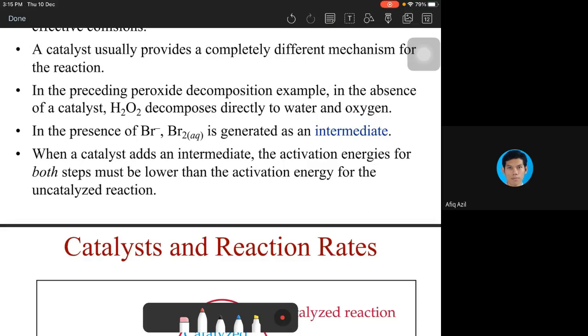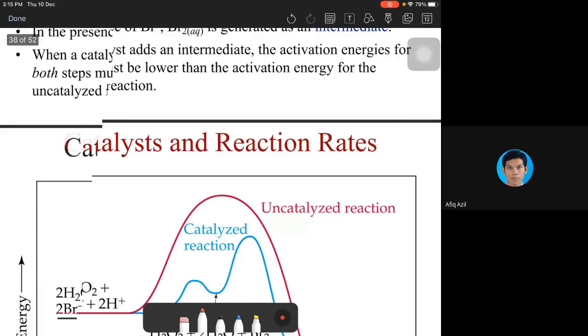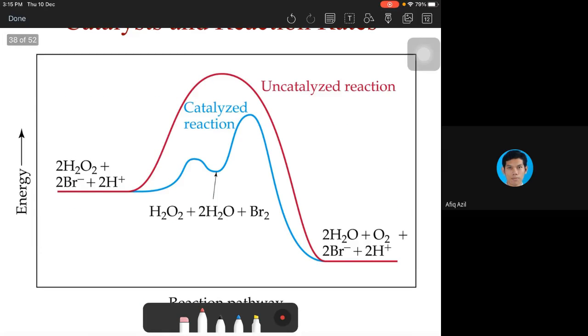So when a catalyst adds an intermediate, the activation energies for both steps must be lower than the activation energy for the uncatalyzed reaction. In the graph, the red colored one is the uncatalyzed reaction. You do not add any bromide, but the blue has bromide ion added.